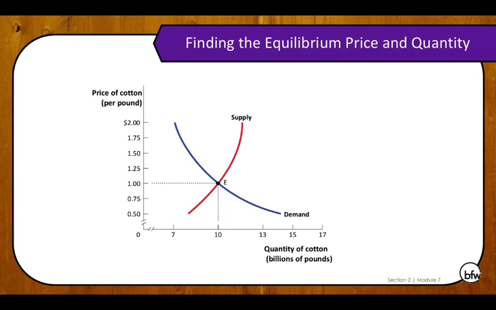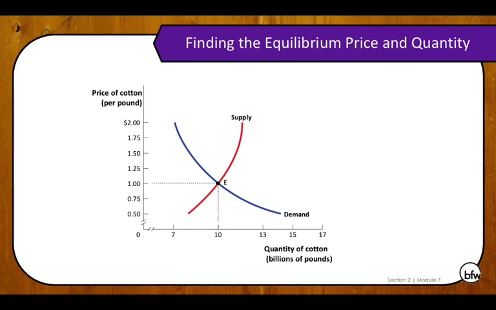Now, when we look at the price per cotton here, and we look at the demand and supply graphs in this slide, we can see that the point where the quantity demanded is exactly equal to the quantity supplied is the only point where the two curves intersect.